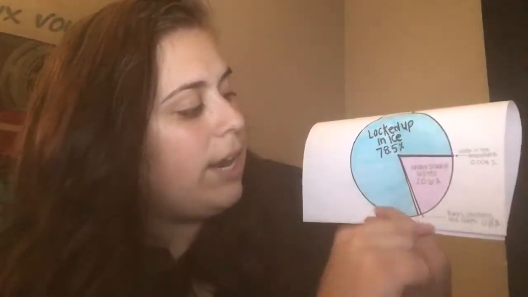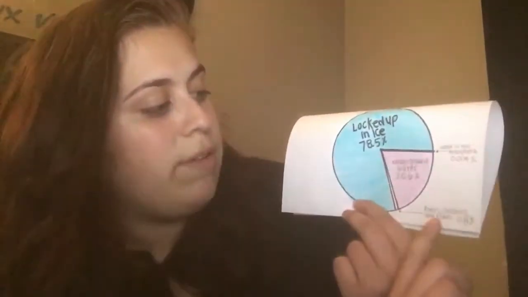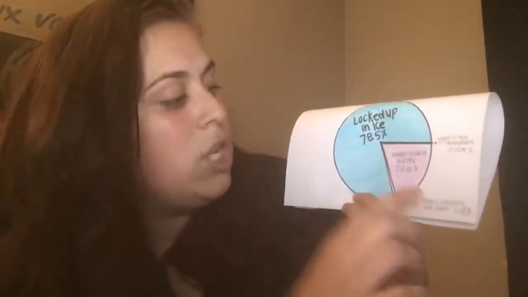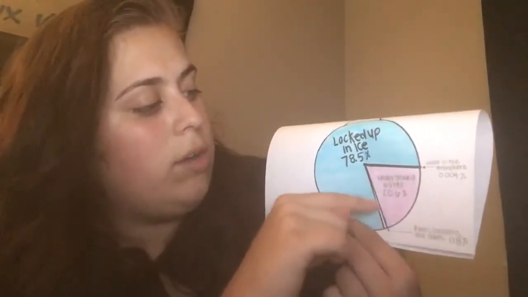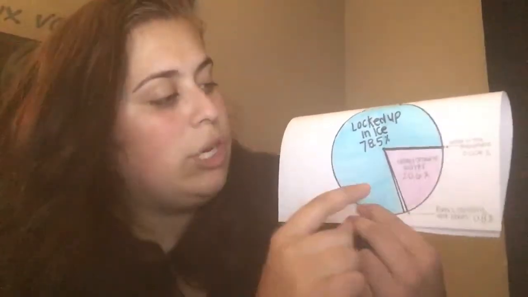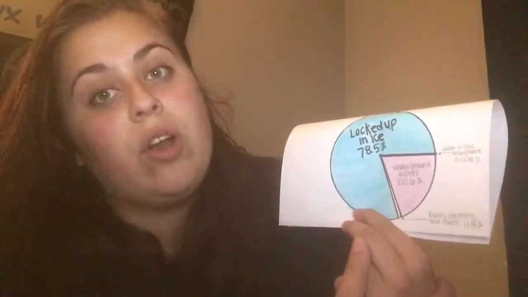This other small sliver here is the surface water, which is rivers, streams, lakes, and that's 0.8%. This piece of the pie, which is purple, is all the underground water, which is 20%.